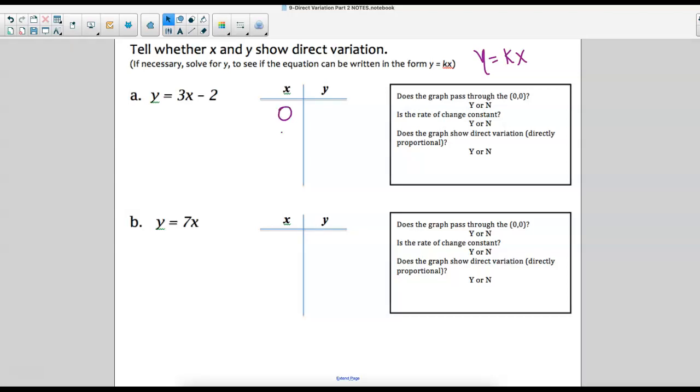In this x column, let's put 0, 1, and 2. Okay, we want to know, does the graph pass through the point 0, 0? So if x is 0, and I put 0 in here, 3 times 0 minus 2.